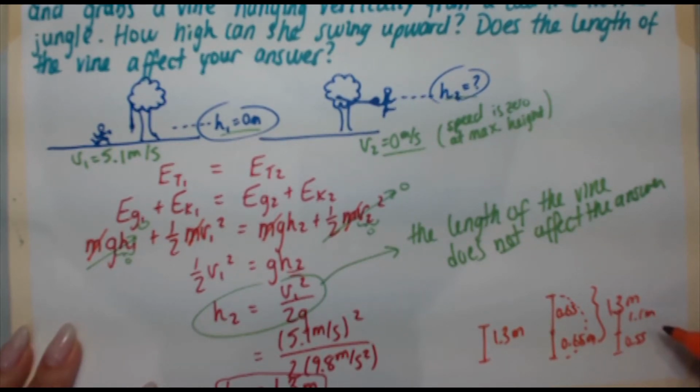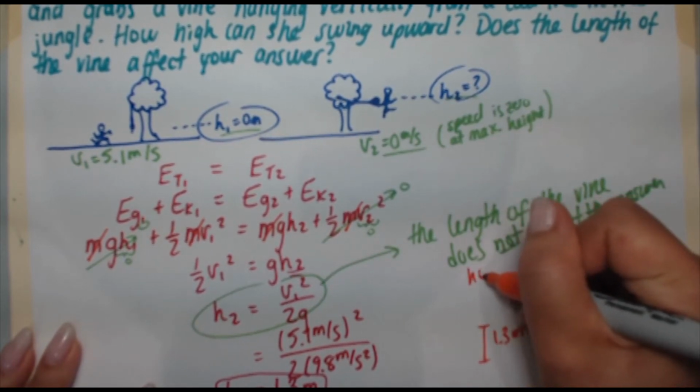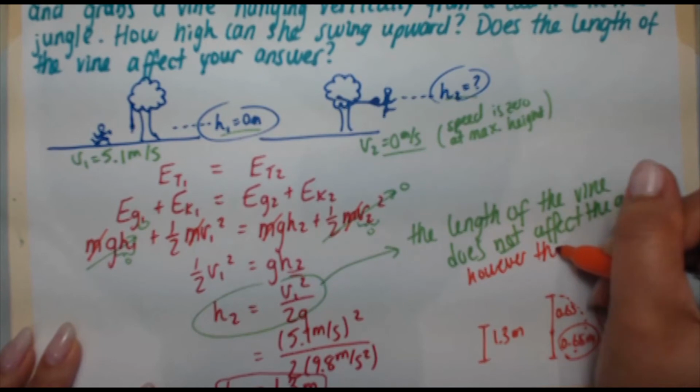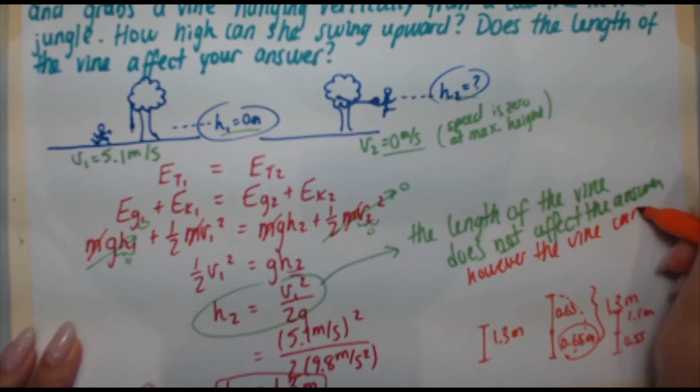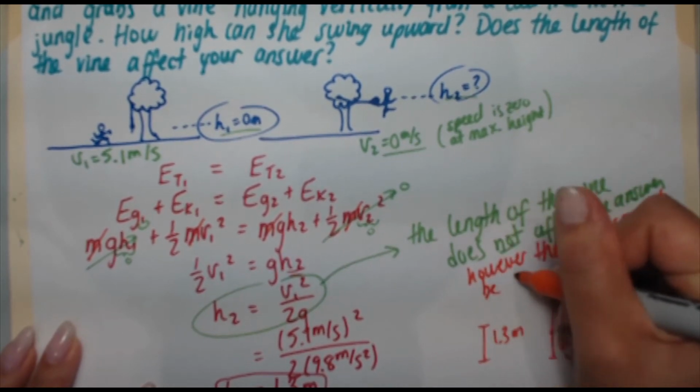So technically the length of the vine doesn't matter, but it can't be less than 0.65 meters. So the length of the vine does not affect the answer. However, the vine cannot be shorter than 0.65 meters.